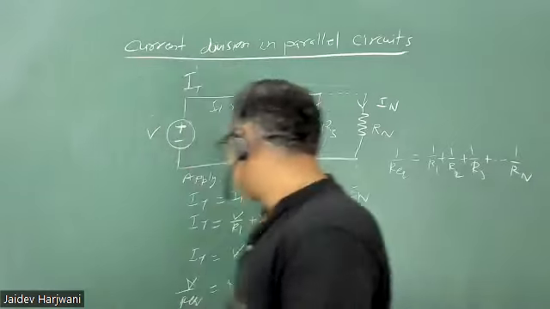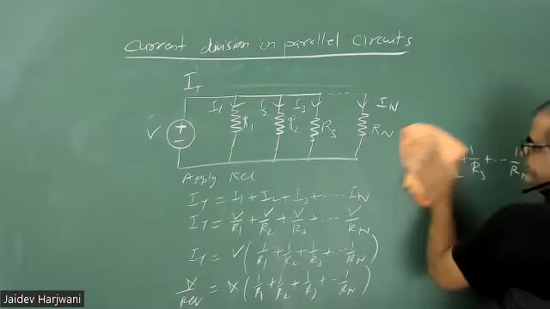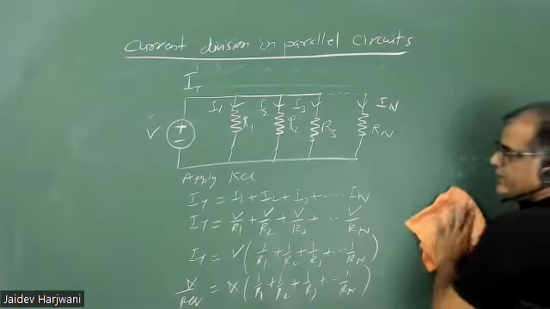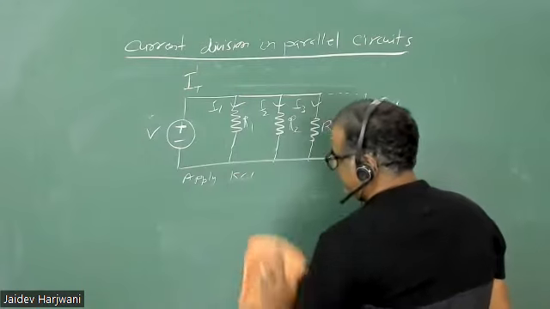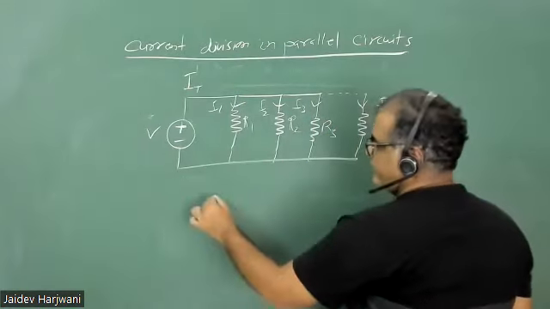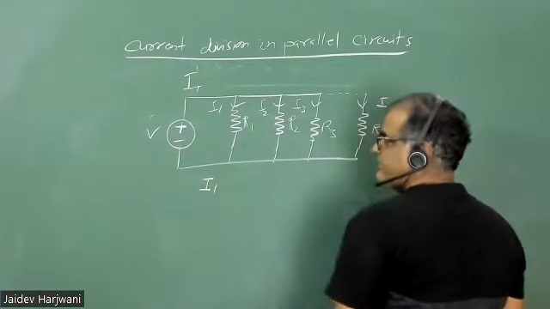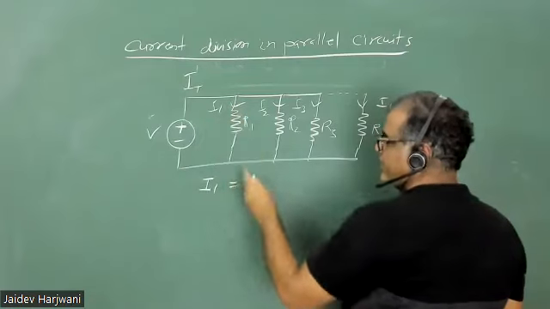If I want to write the value of I1, I1 is simply V upon R1.